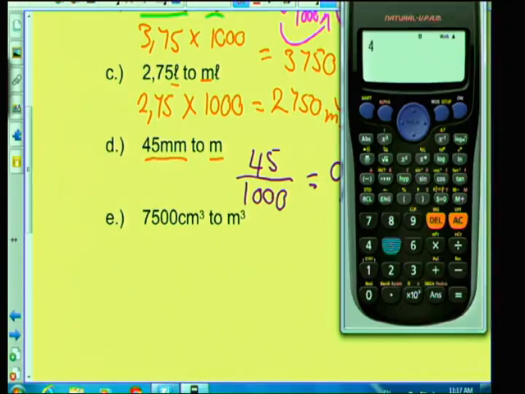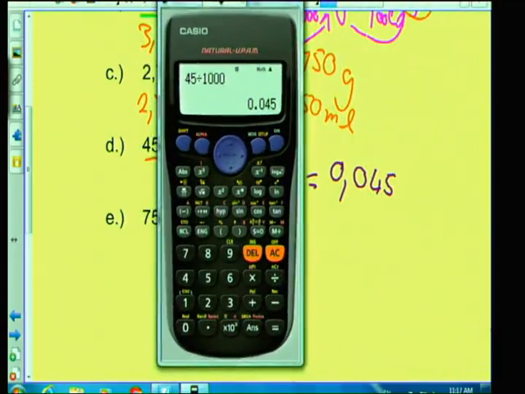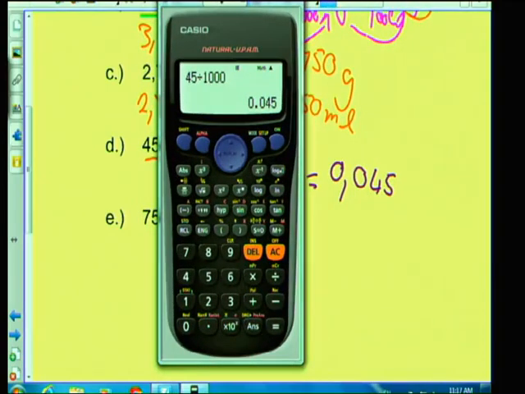When in doubt, pull out the calculator, it doesn't cost you anything. Divide this by 1,000, and you'll see that the answer is the right one, 0,045.